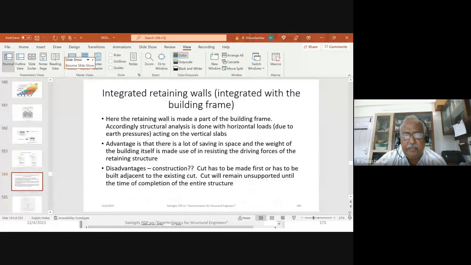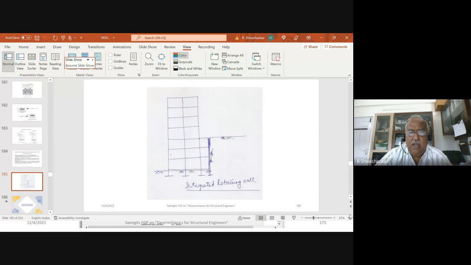And okay, another important aspect of soil structure interaction is, so we said we can have retaining walls, right? So if my structure is adjacent to a vertical cut, I'm in a very difficult situation. I have to construct my building adjacent to a vertical cut.